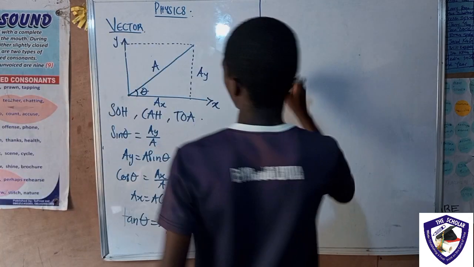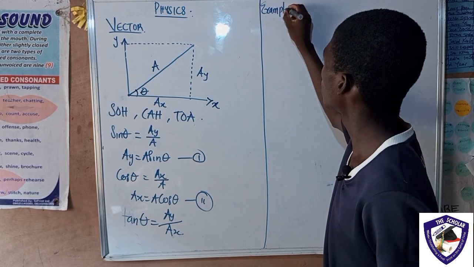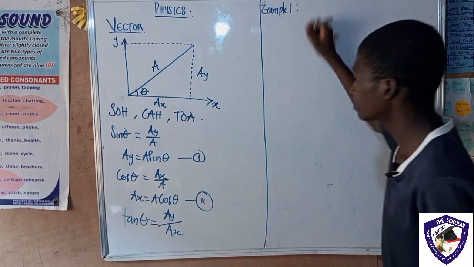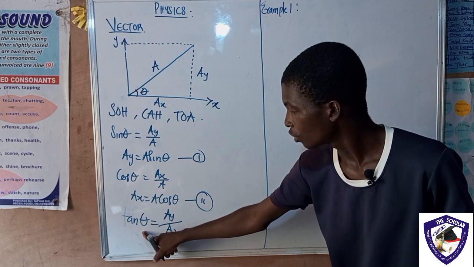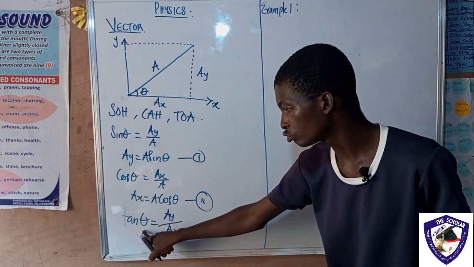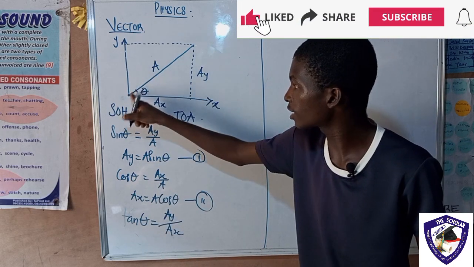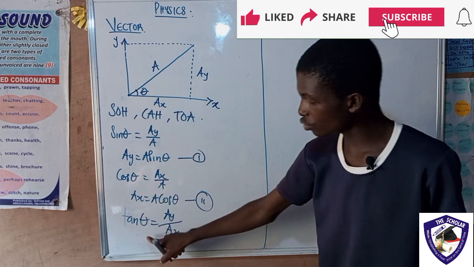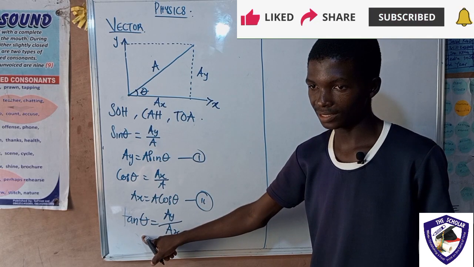When we have a vector, if you are asked to find the angle, angle theta, that is when we use our tan theta.